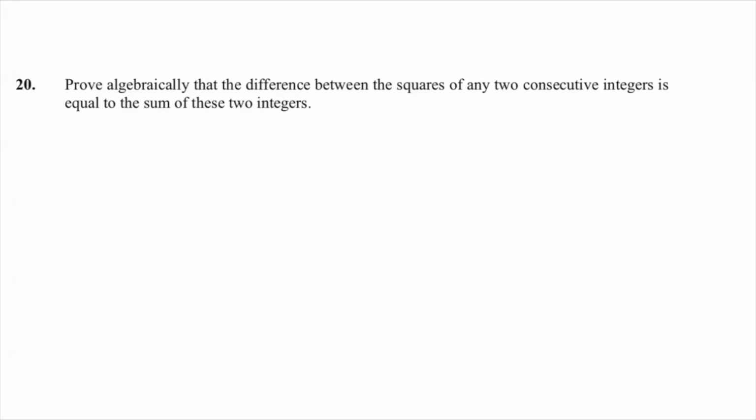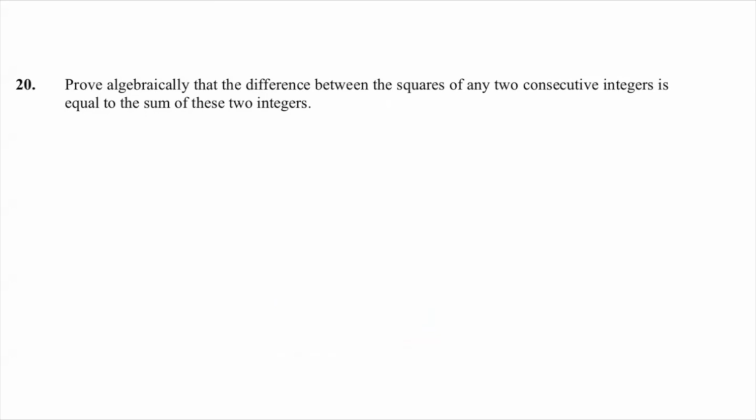Okay, we've got to prove algebraically that the difference between the squares of any two consecutive numbers is equal to the sum of these two integers. Proof questions are always such a mouthful, so you really need to try and break it down a little bit. One of the ways to get a feel for it is to just write it numerically. Okay, now that's not a proof. It's not going to get you any marks, but what it does is it gets you a kind of handle on the problem.